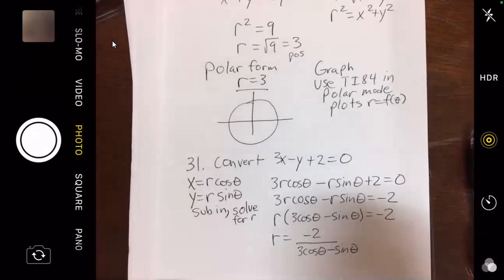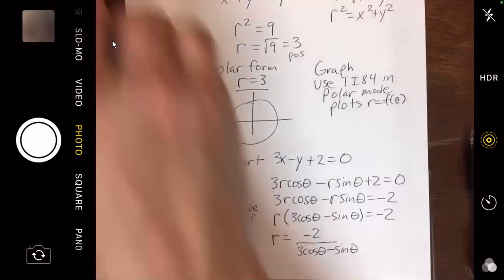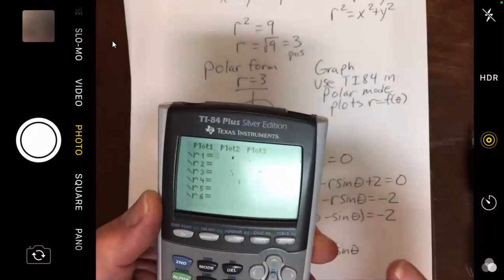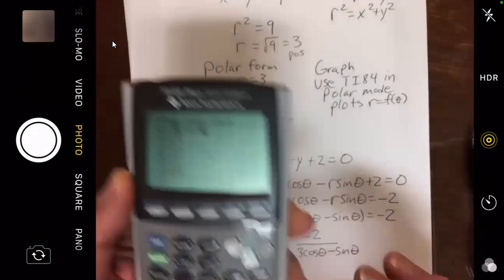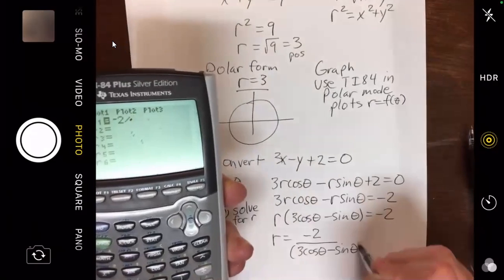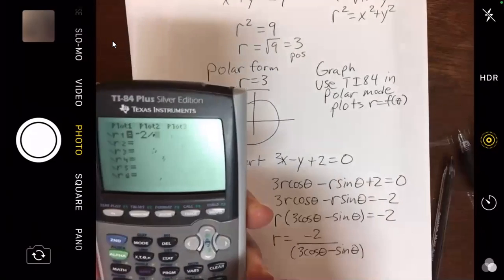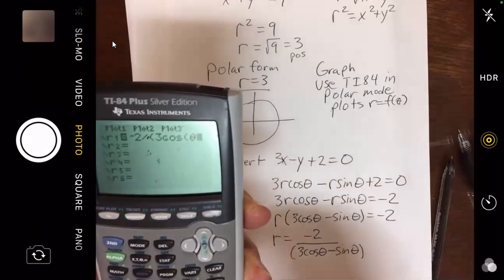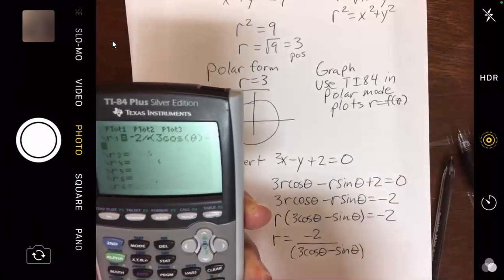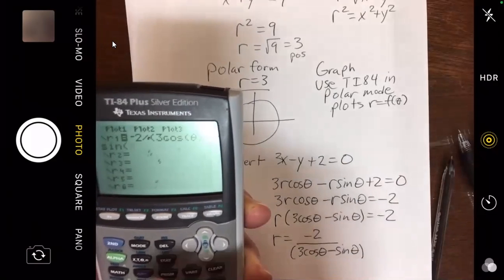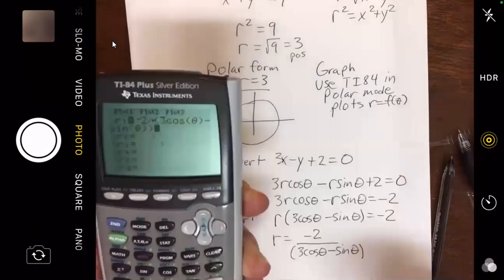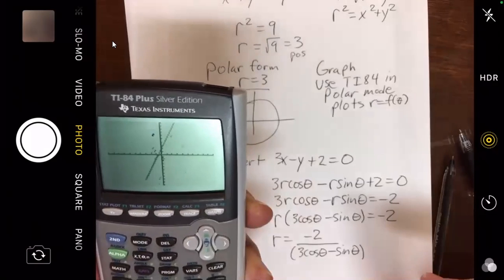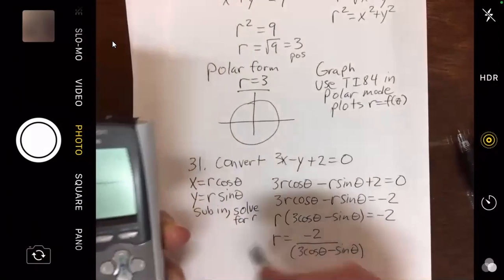So if I want a graph, here's that, and I get negative 2 divided by, and you're going to put this in parentheses, parentheses 3 cosine theta close, minus sine theta, close close. Window, graph, and it works out to a straight line.